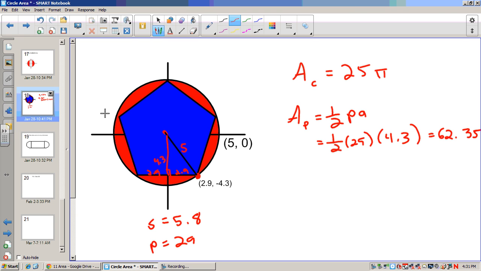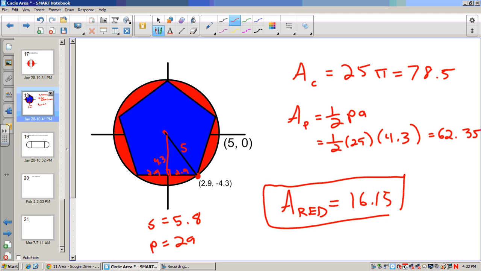So now to find the red area on the outside, I just have to take 25 pi, which is 78.5, and subtract from that 62.35. And so my area that's red, which we're looking for here, is 16.15. And I should say units squared.